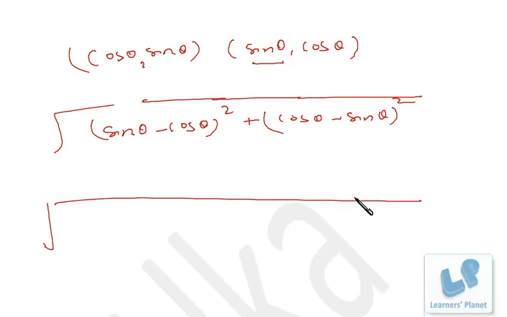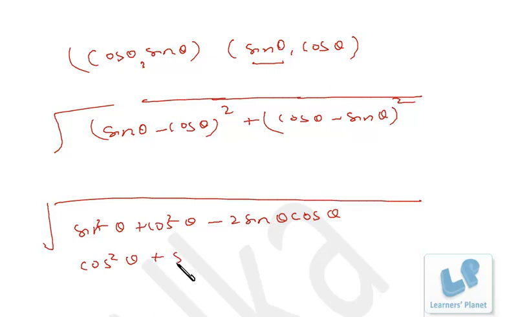So that's sin square theta plus cos square theta minus 2 sin theta cos theta plus cos square theta plus sin square theta minus 2 sin theta cos theta, right?